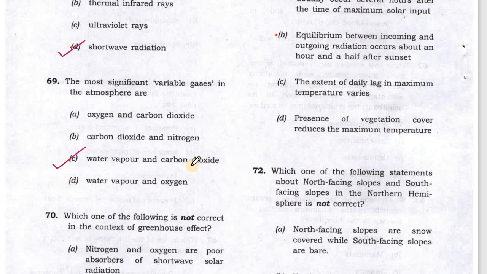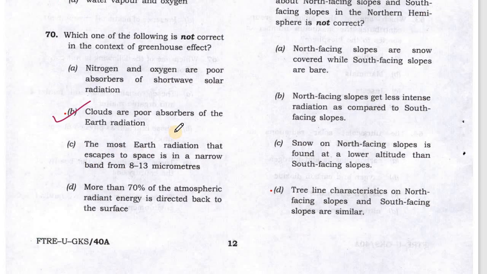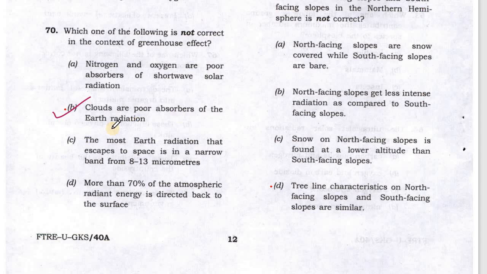So these are the most variable. And question 70: which of the following is not correct in the context of the greenhouse effect. So B will be the answer, so cloud is not a poor absorber of the earth's radiation, cloud is a good absorber.